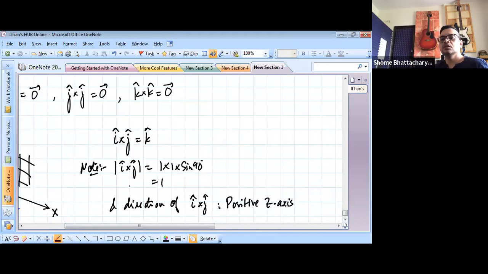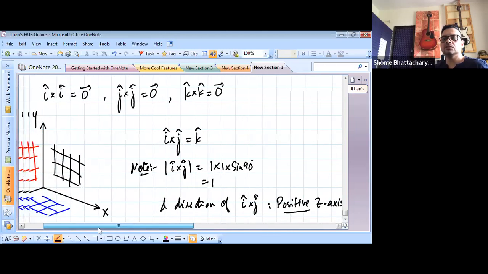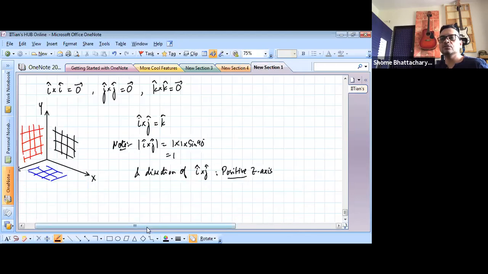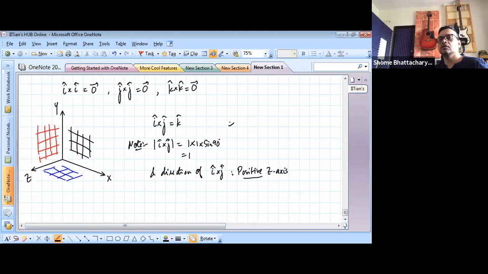In other words, the operation gives you a vector of magnitude unity with direction along the positive Z axis. Hence it is K. That's the justification of this. Now the moment you say this, you can also say the reverse: J cap cross I cap will have to become minus K cap, because A cross B is minus of B cross A.